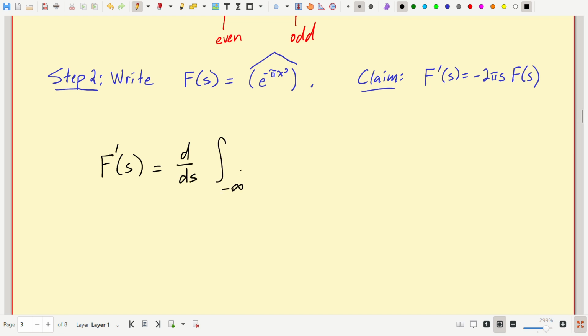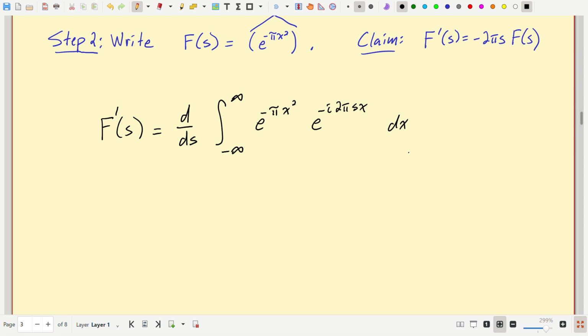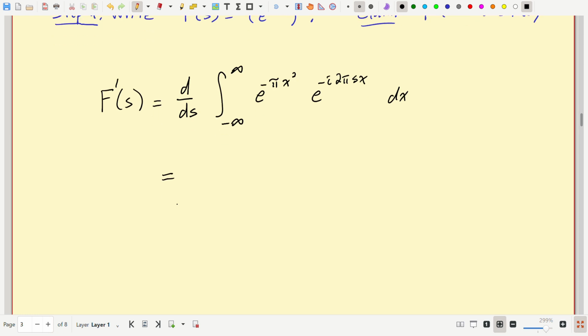Integral from minus infinity to infinity of e to the minus pi x squared e to the minus i 2 pi sx dx. And I can put that derivative inside there. And especially since it's rapidly decreasing at infinity, you can differentiate under the integral sign.